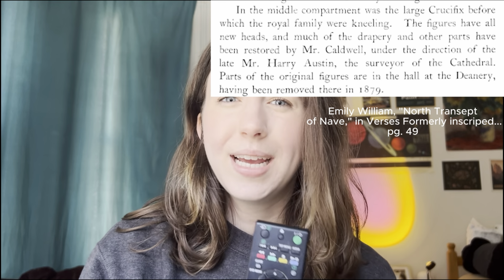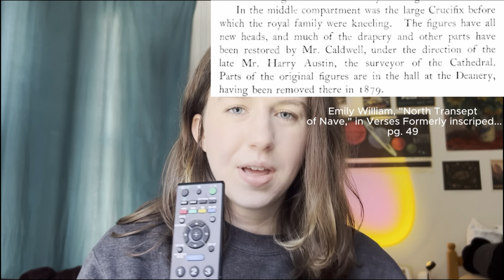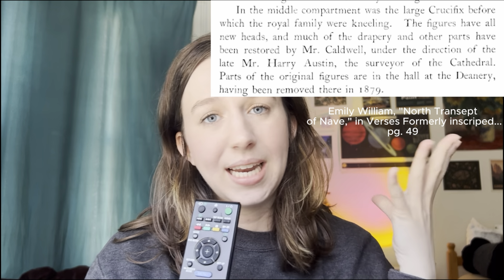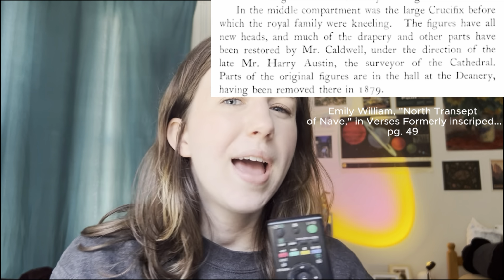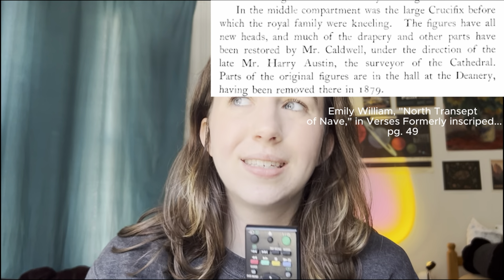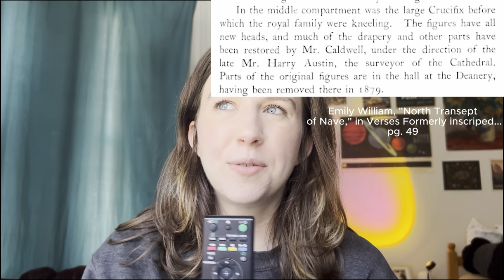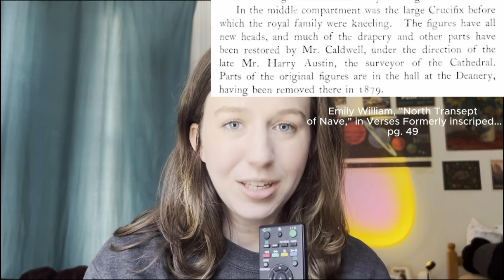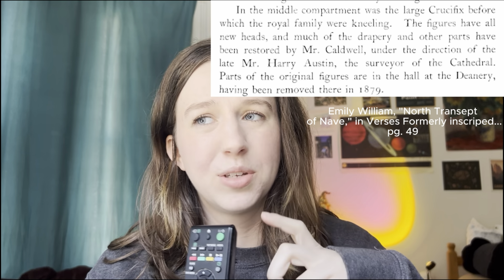He was already replacing the heads of the figures from the earlier restoration campaign in 1789, but he would have had access to all of these heads and these little portions of windows, so I think it was Samuel Caldwell Sr. who took out the portion of this window. Now, this is going against all the experts in this, Bailey, Madeline Caveness. I do believe it was taken out by Samuel Caldwell Sr.